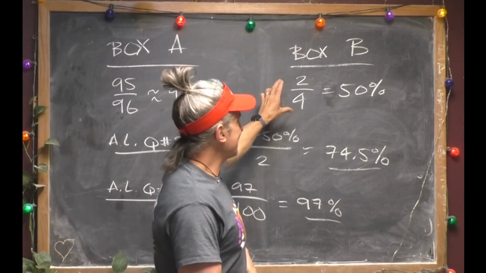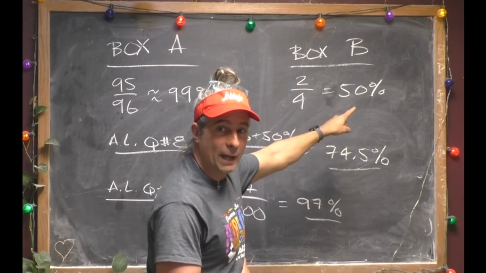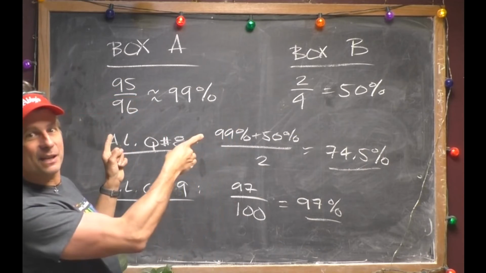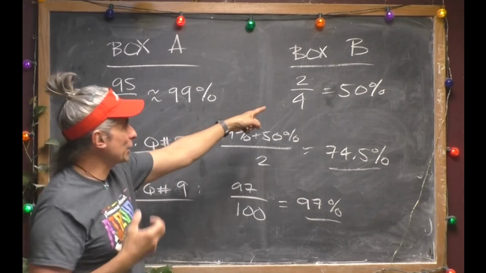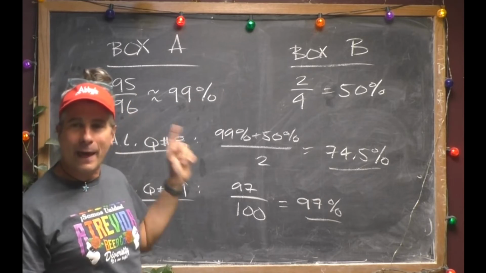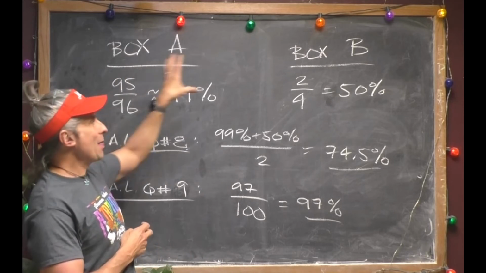If you maintain this rate with 100 eggs, then 50 out of the 100 would hatch. But that's the catch, right? These two things are not out of the same number of eggs. This one here is only out of 4, and this one here is only out of 96. That means that this one should be worth more than this one.